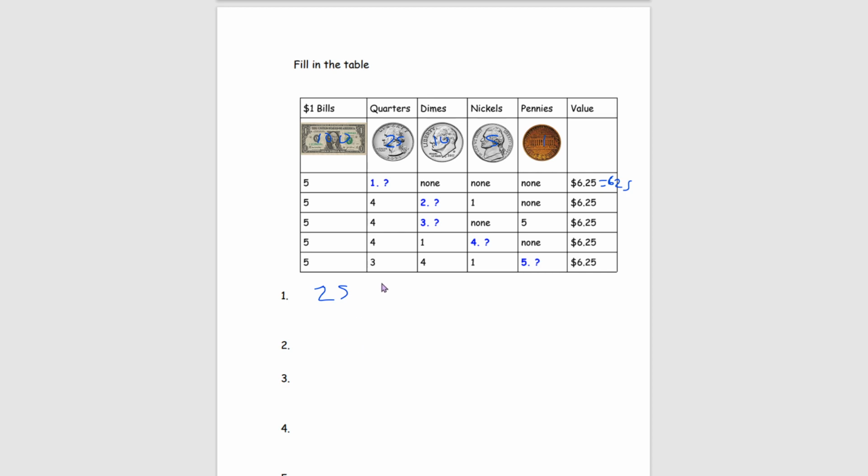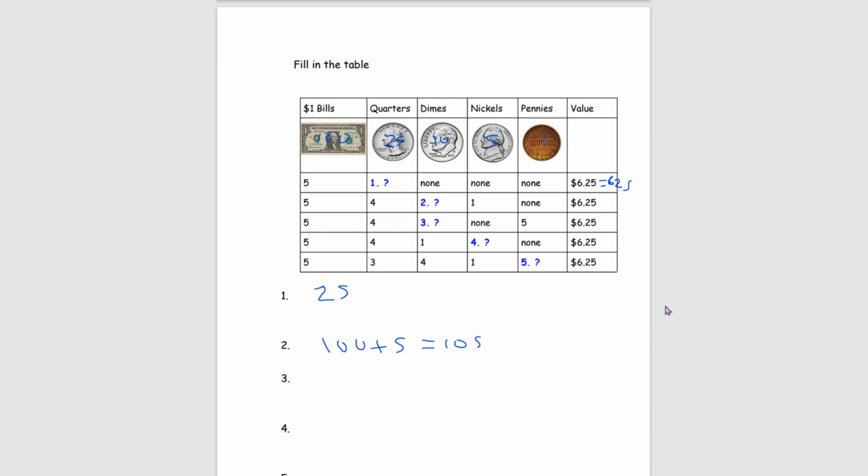For number 2, we have 4 quarters, a mystery amount of dimes, and 1 nickel, and this value is still $6.25. The way we're going to do this one is the same thing. We already know we have 4 quarters, which is 100. We have 1 nickel, which is 5, so we have 105 right here.